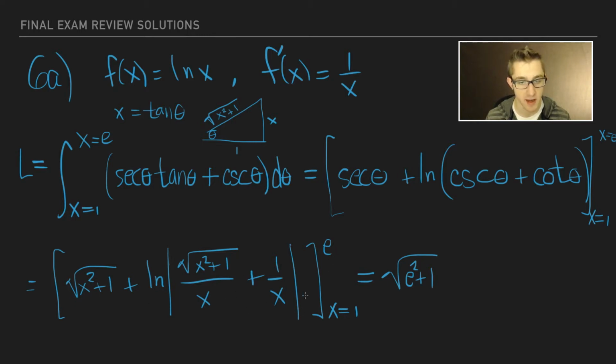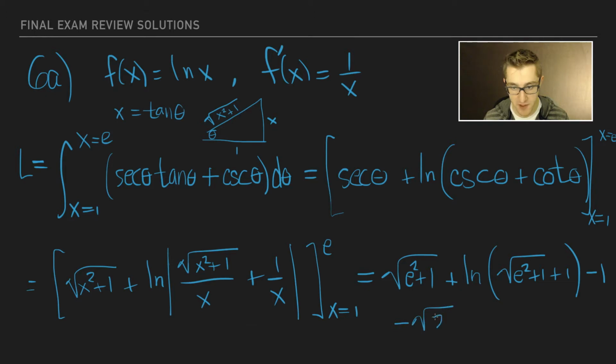When I plug in e, this is going to be plus the natural log of the square root of e squared plus 1 plus 1, and then a minus the natural log of x when I'm plugging in e. And then I'm going to subtract from that what I get when I plug in 1 to this expression. So I'm going to have minus the square root of 2, and then minus the natural log of the square root of 2 plus 1.